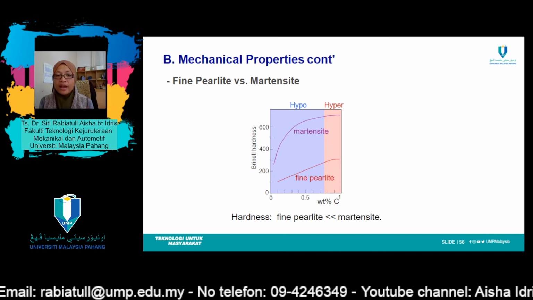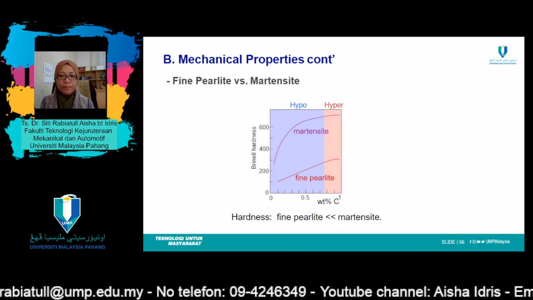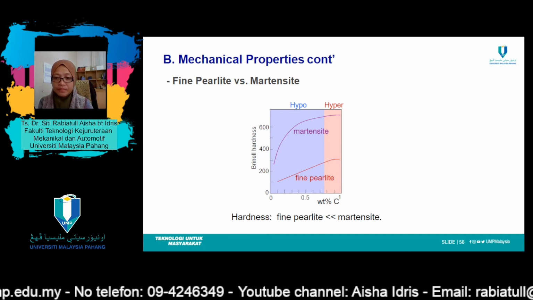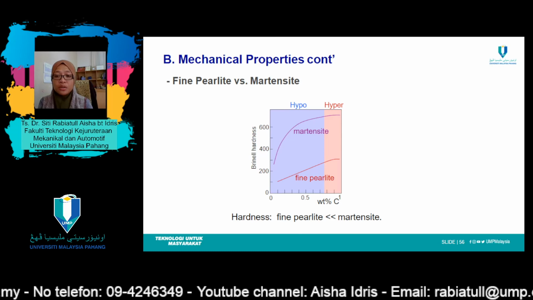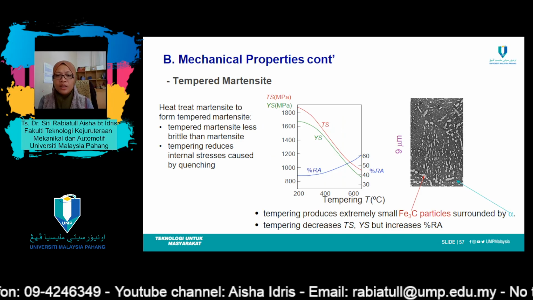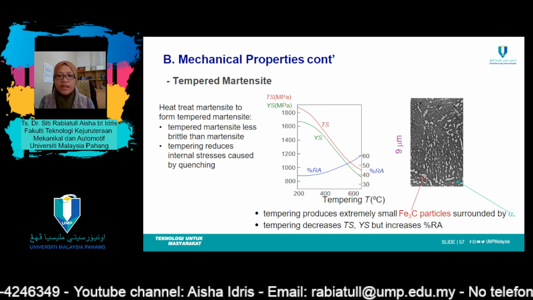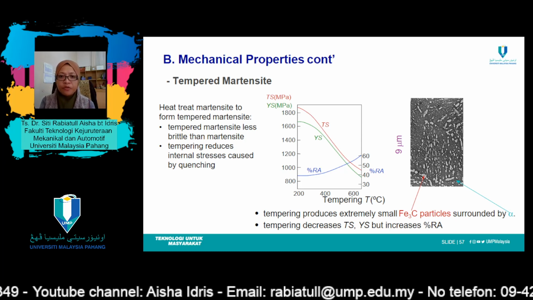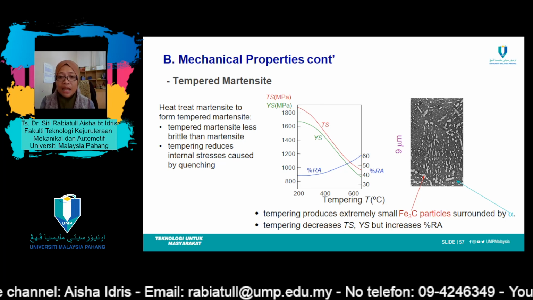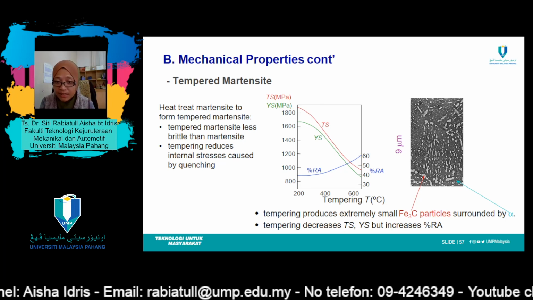Martensite has higher hardness than pearlite because martensite is hard and brittle. It is formed through fast cooling. Okay. Tempered martensite: heat treat martensite to form tempered martensite. Tempered martensite is less brittle than martensite.